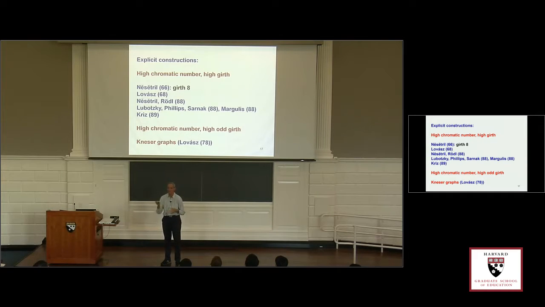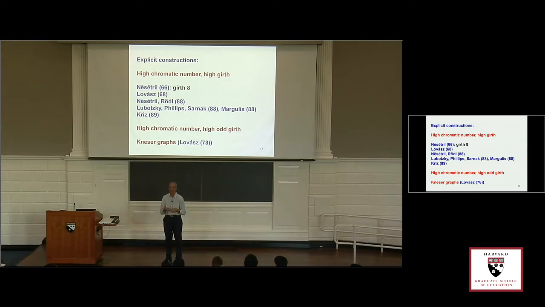There was some construction by Nešetřil that gave girth 8. As I said, this construction of Tutte gave girth 6. Then Lovász found some explicit construction that gave arbitrarily large girth and arbitrarily large chromatic number. It's complicated. And there was a simpler, still complicated construction by Nešetřil and Rödl.